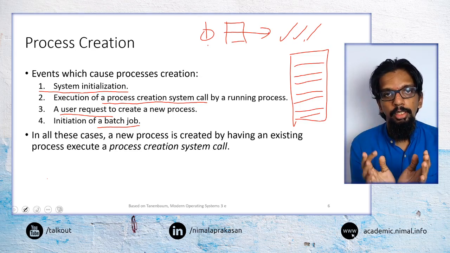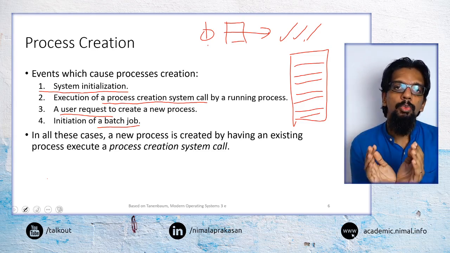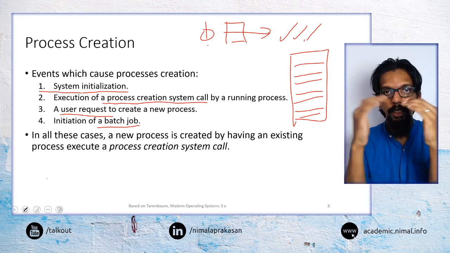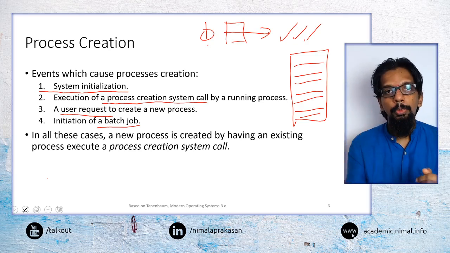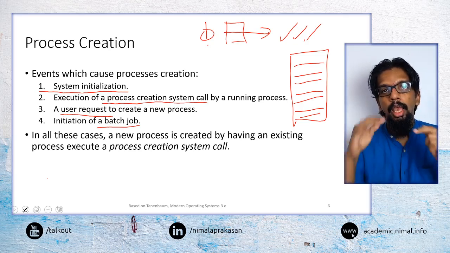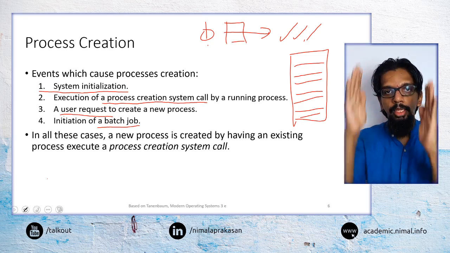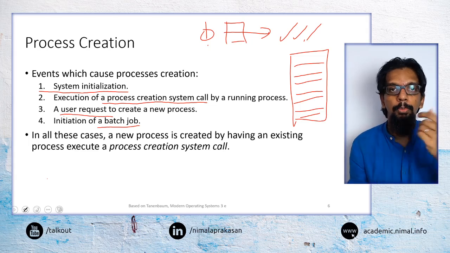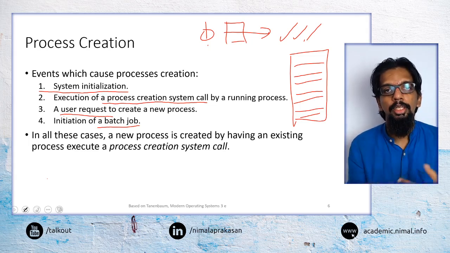In such a scenario, we can organize that into what is called a batch job. For each customer, we will create a new process to do this, and each of these processes can be created as a batch. That is what we call a batch job. So here that batch job is the one that is initiating or creating these processes.